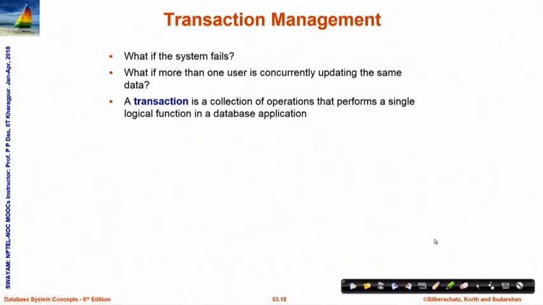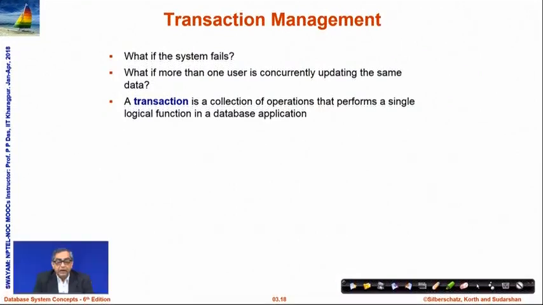A transaction is a collection of operations that performs a single logical function in a database application. This is very, very critical. It is a collection of operations and performs a single logical function. So, it does not do anything and everything, it just does a single particular logical operation, and that is what forms the transaction.